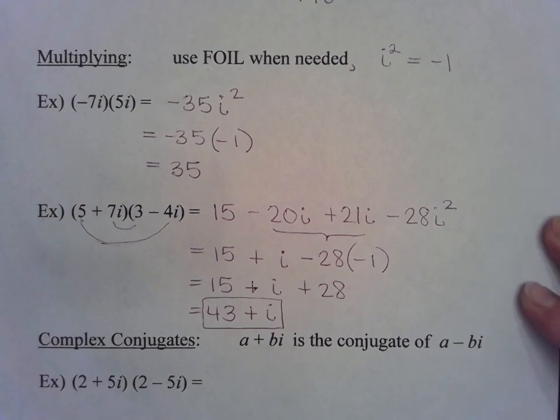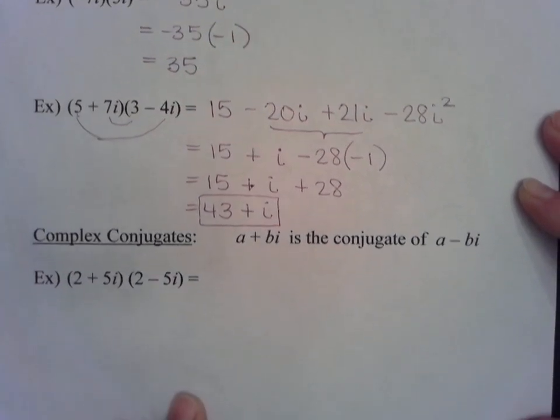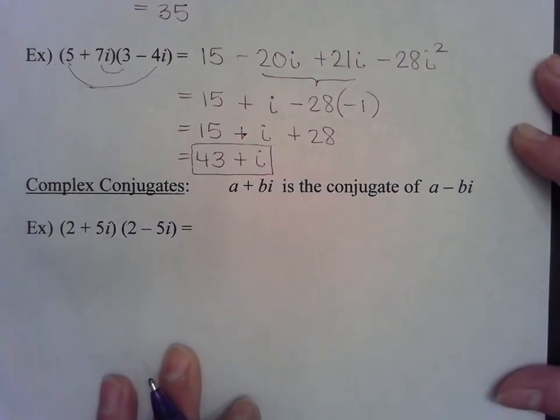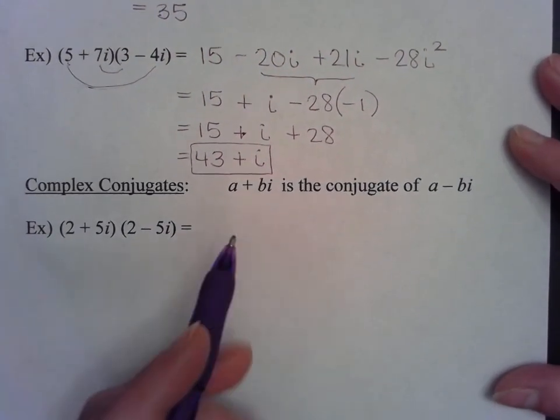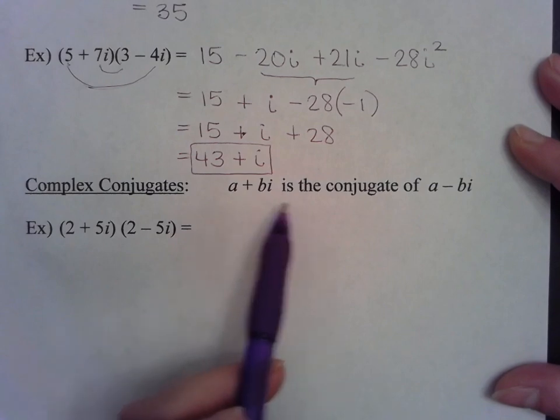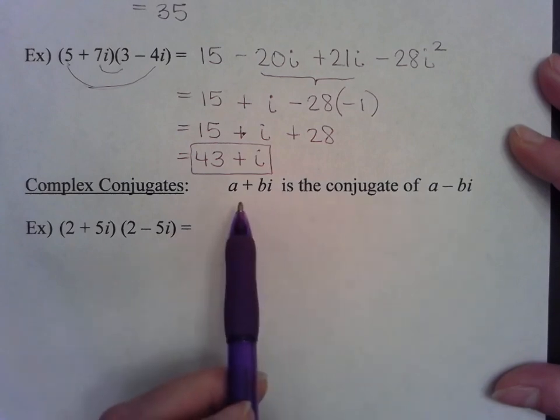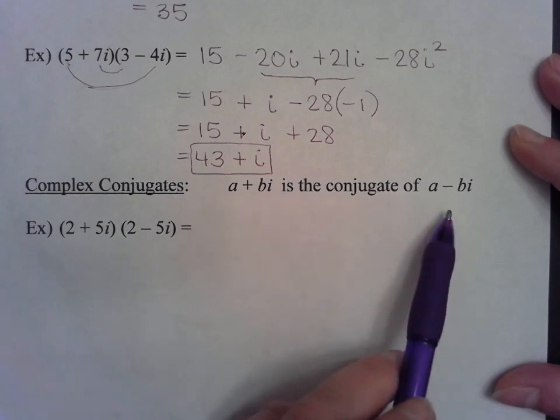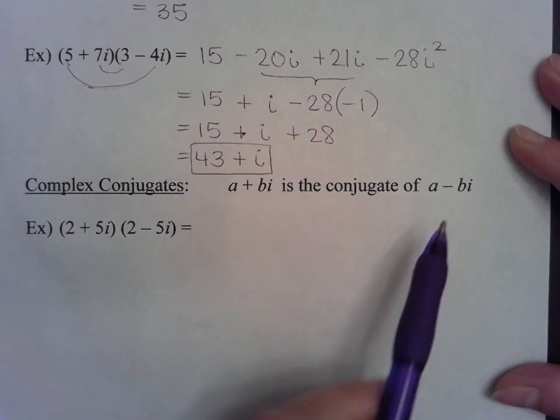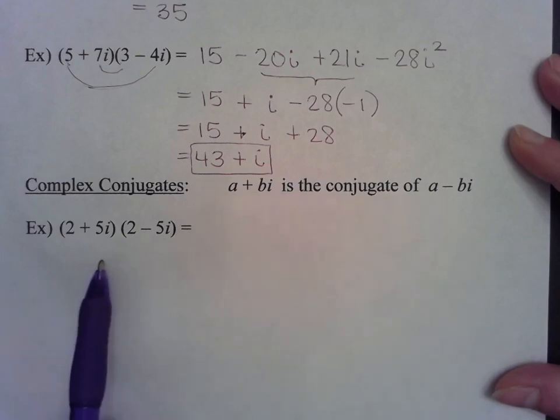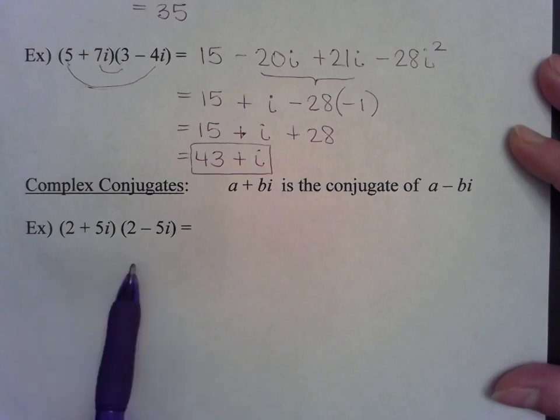Okay, one more special type of pattern that shows up for complex numbers. You could have two complex numbers that are called conjugates of one another. So that means one has a plus and one has a minus. And something happens when we multiply two complex numbers that are conjugates together.